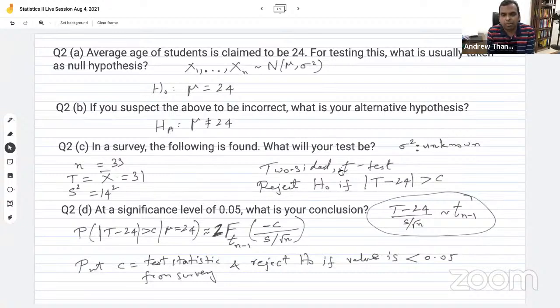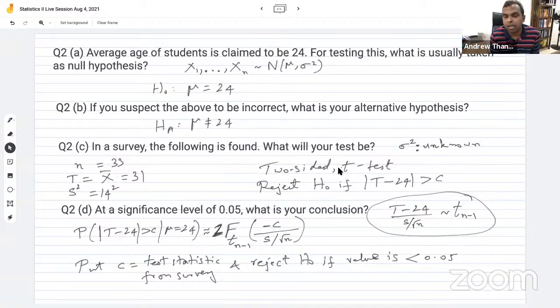I see where you're coming from. It's not that capital T itself has a t n minus 1 distribution. The distribution is for T minus 24 divided by S by root n, which has an approximate t n minus 1 distribution.